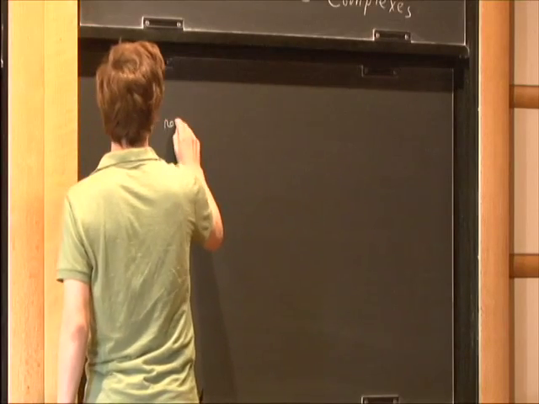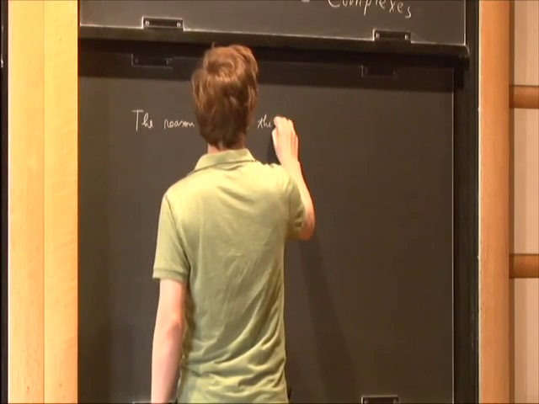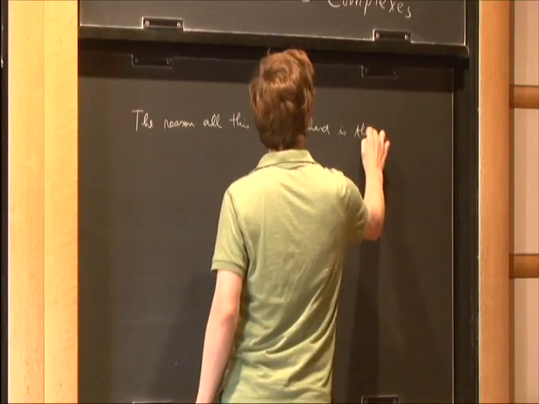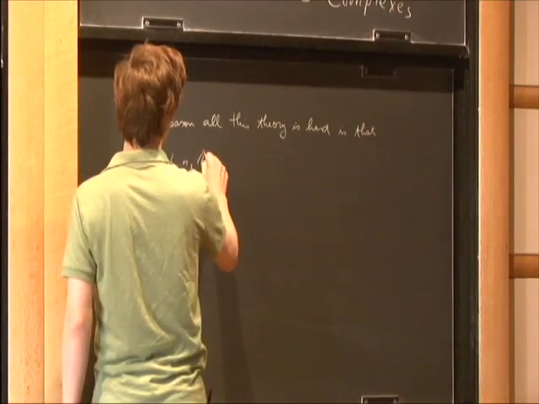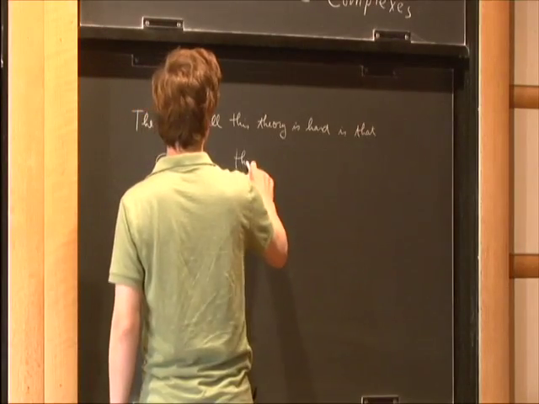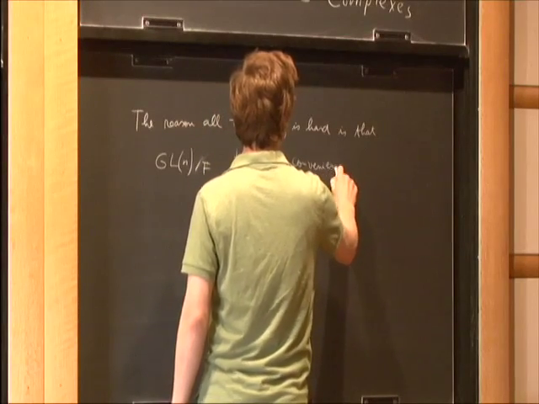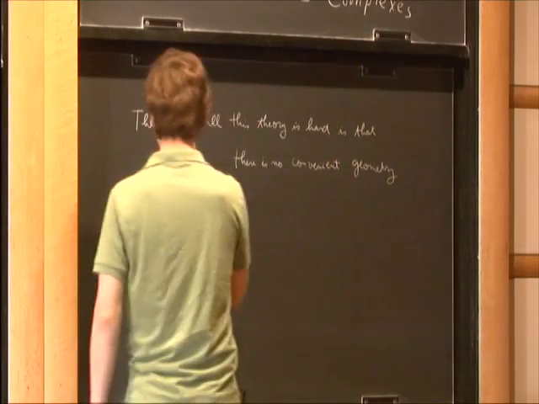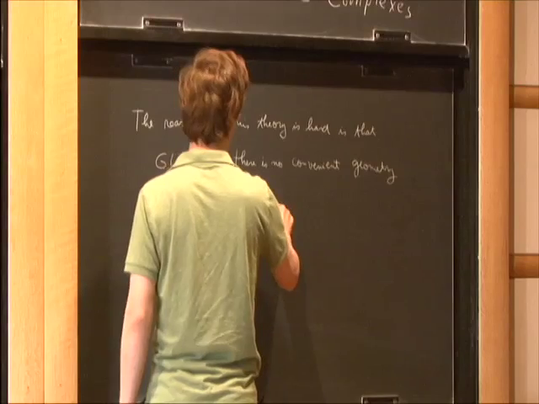The reason all this theory is hard is that when you look at GL_n over some field F, there is no convenient geometry unless n is equal to 2 and F is totally real.